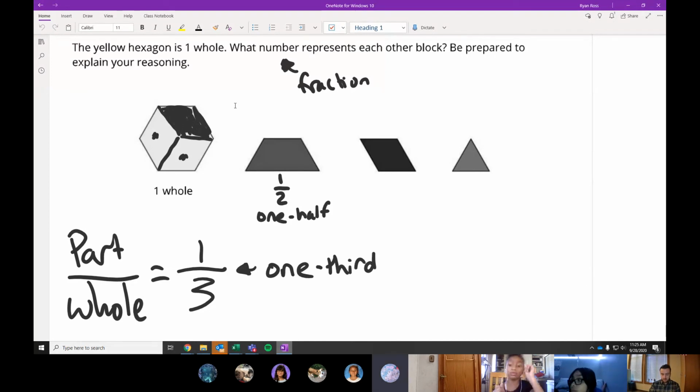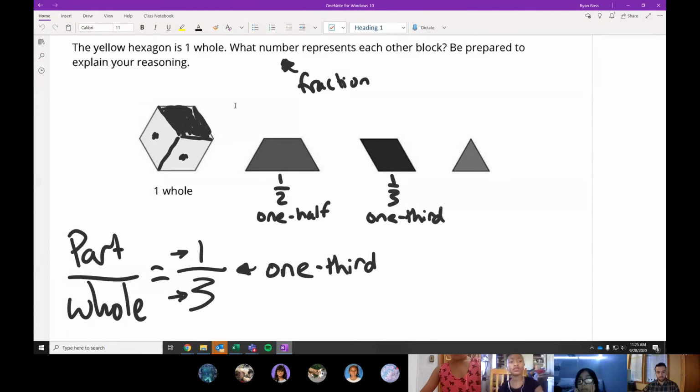Yeah, it does. 1/3, because we have 1 on top and 3 on the bottom. So this one, we said 3 pieces fill the shape. So 1/3.